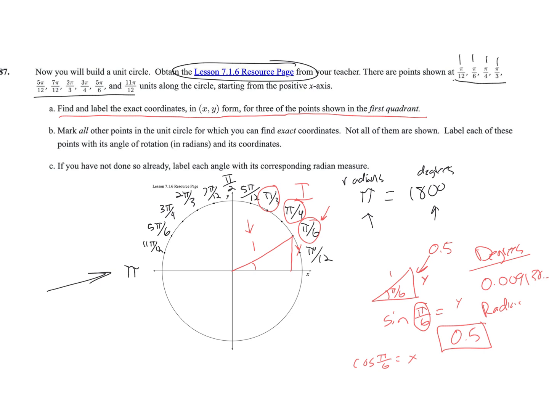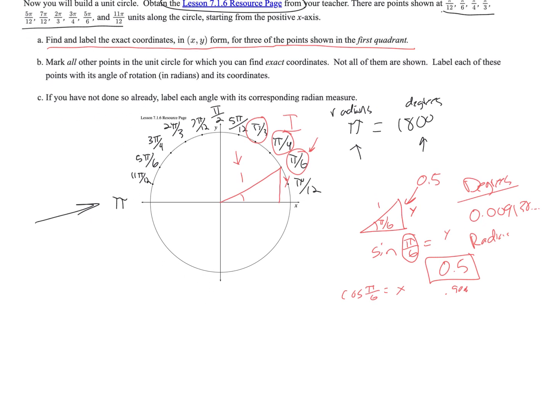Again, if you have this in degrees, you'll get something like 0.999999. Remember, it's not in degrees. We are looking for it in radians. So in radians, you should get some sort of decimal equivalent like 0.866, and so on and so forth. But there's another way to see this that's a little bit more exacting.